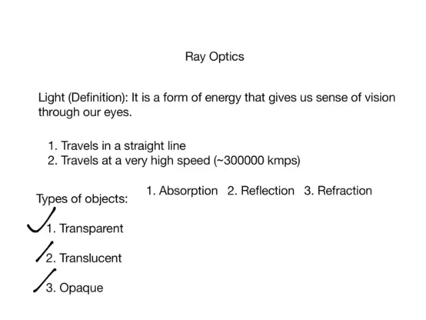First is absorption. Light, being an energy, may get absorbed by the object. Second, it may get reflected. What is reflection? When light strikes an object, it may bounce back.